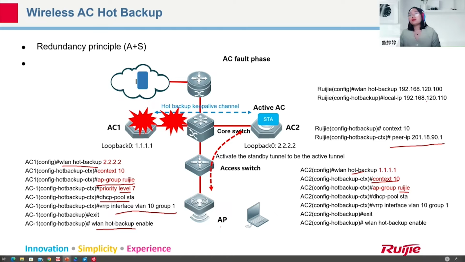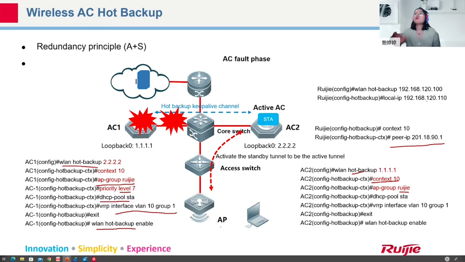Then the tunnel between the AP and AC2, the standby tunnel, will become the active tunnel. And AC2 already has the station information. Then if the terminal wants to reach resources, it can immediately send the message to AC2, and AC2 has everything about the station, so it can forward the traffic out.